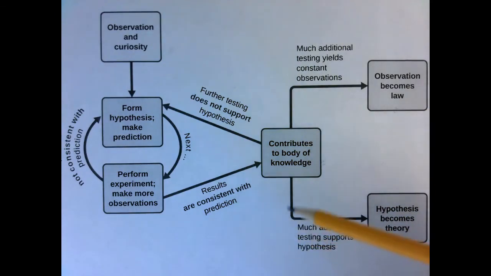And then every once in a while, we'll say, oh, your observations are correct and your hypothesis holds up. Everything's seeming to line up here. And in that case, you wind up with a theory. And it would seem like a theory, just from the word, would be kind of lesser than a law, but it's not necessarily.